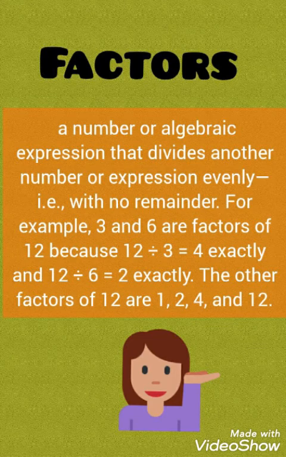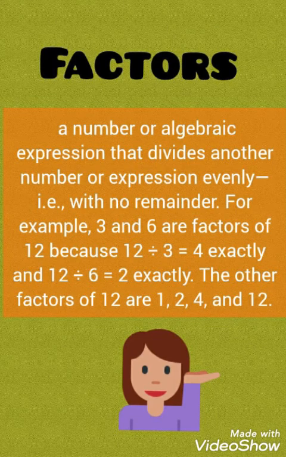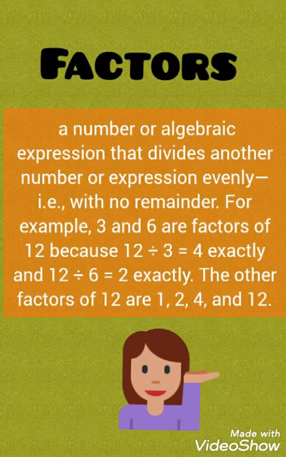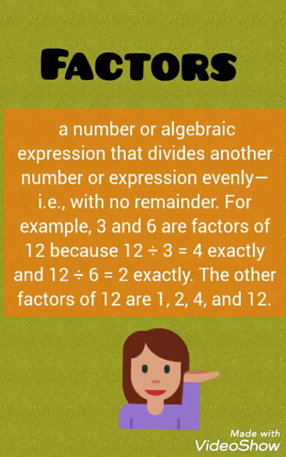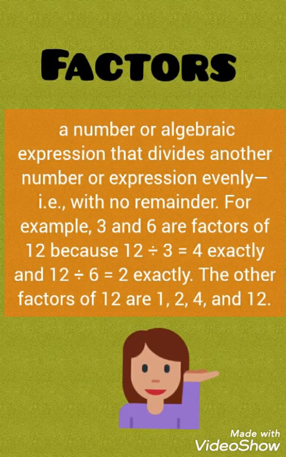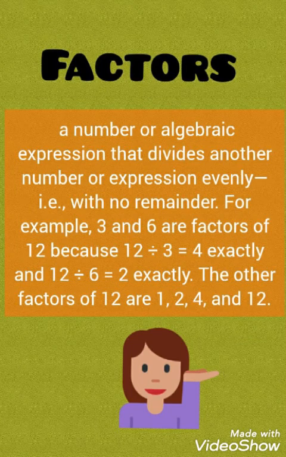For example, 3 and 6 are factors of 12, because 12 divided by 3 is 4 exactly, and 12 divided by 6 equals 2 exactly. The other factors of 12 are 1, 2, 4 and 12.